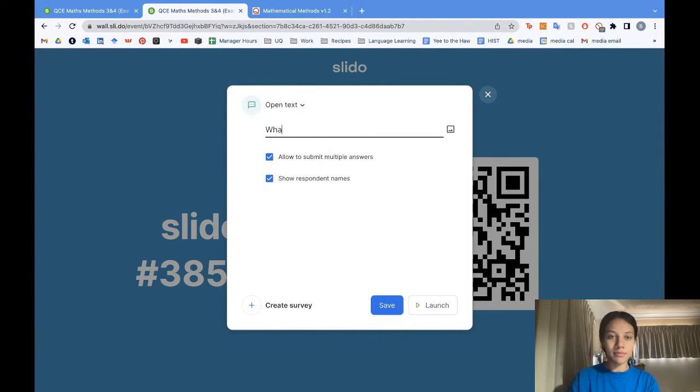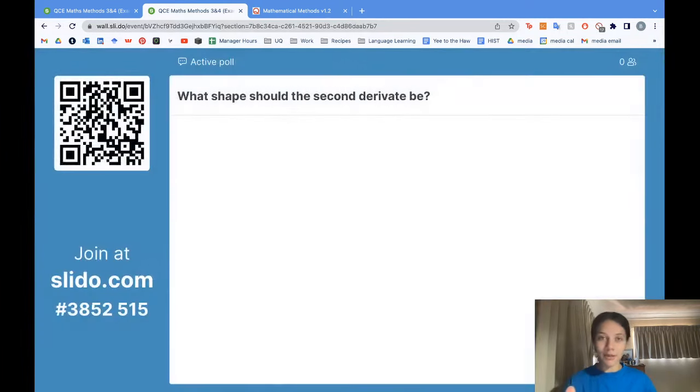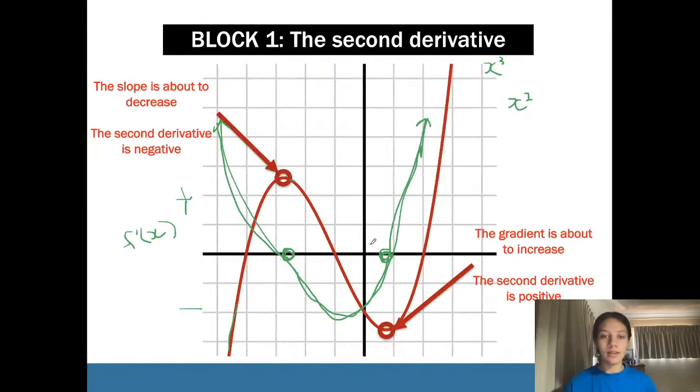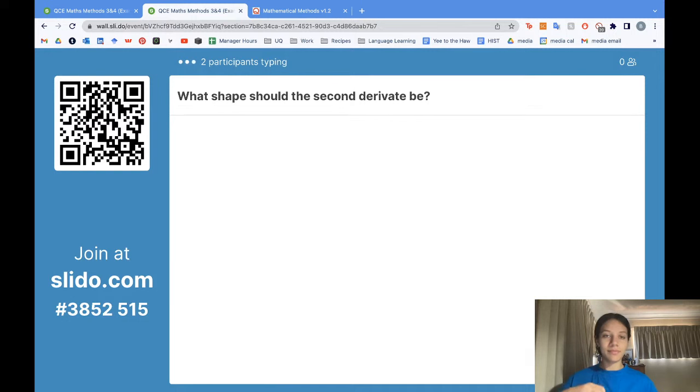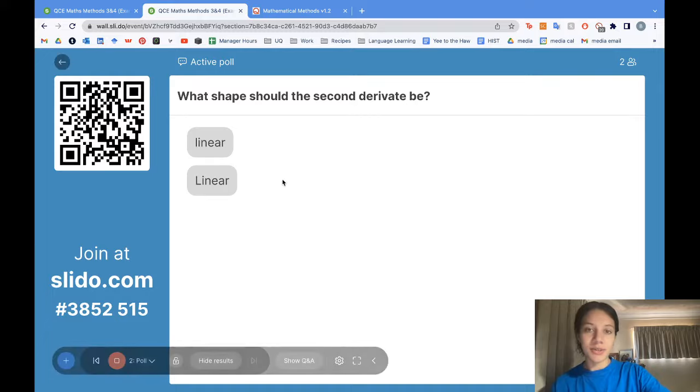What shape should the second derivative be? So what kind of shape of a graph can you expect if our function was a cubic? Then we derive it to the first derivative and we get a parabola. And if we derive it again to the second derivative, what shape should it be? I'll keep that open for a bit. Linear, perfect. Okay, seems like you guys are good with that.